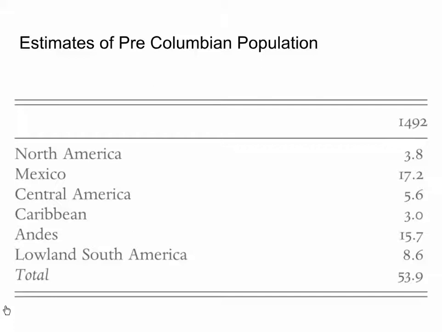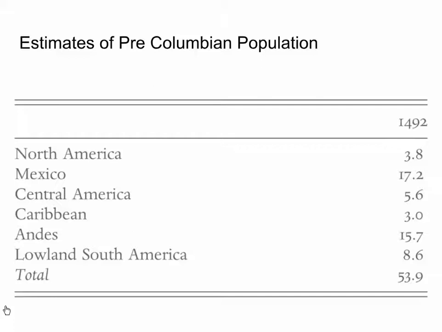Currently, most people have settled in at about 50 million people throughout the Americas at the point of contact with Europeans. North America, somewhere around 3 to 4 million people. Mexico, by far the largest population, which is a little bit interesting in terms of the land area, roughly 17 million.